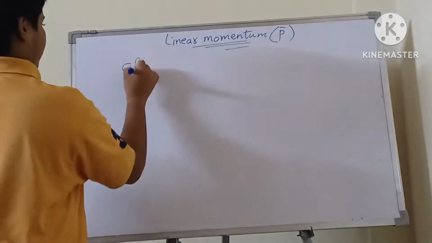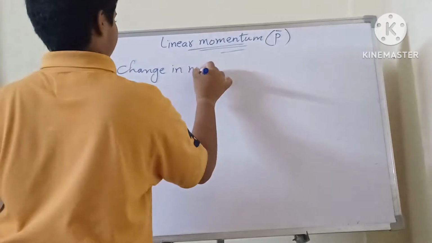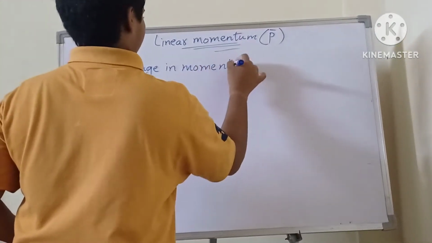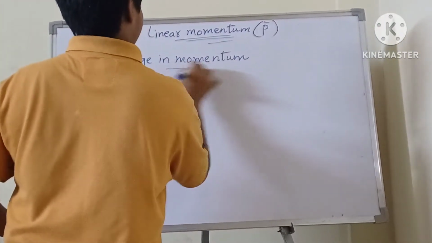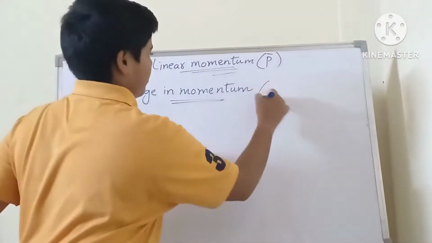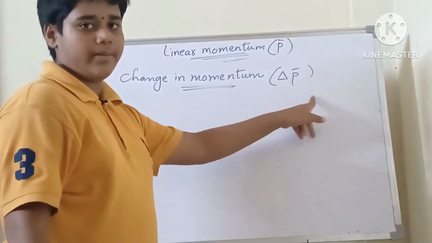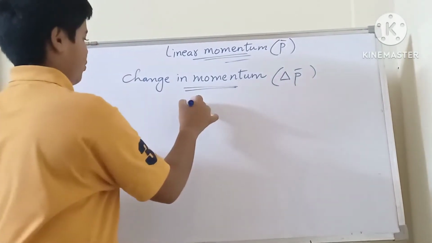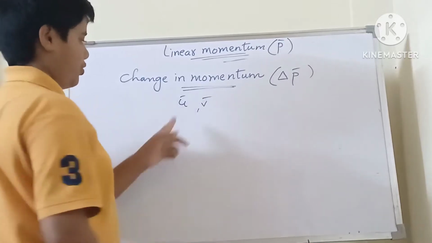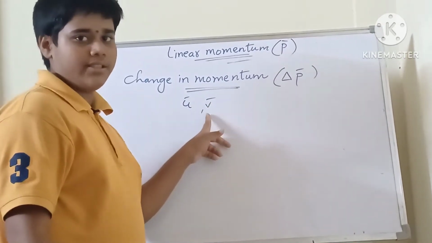Change in momentum. Delta P bar means change in momentum. Here we have to use u bar and v bar: u bar means initial velocity, v bar means final velocity.